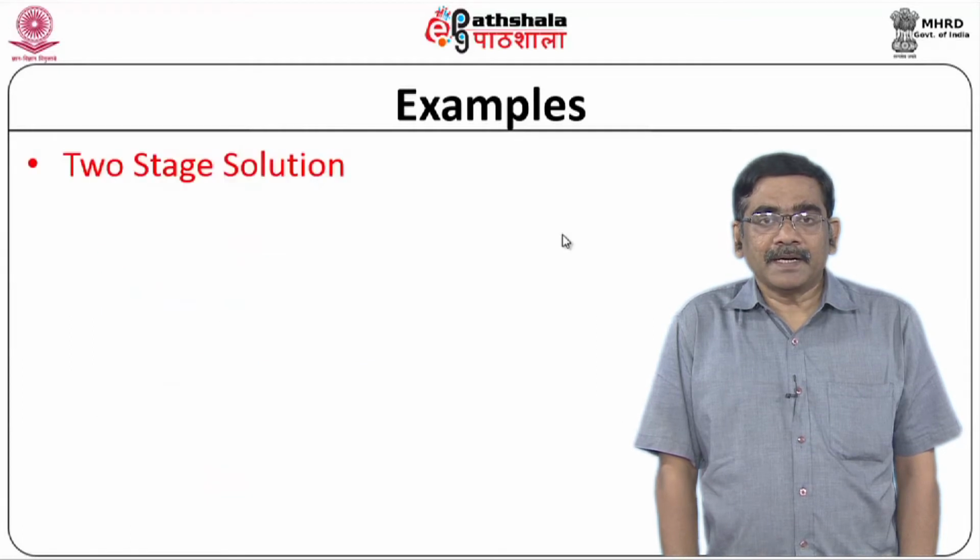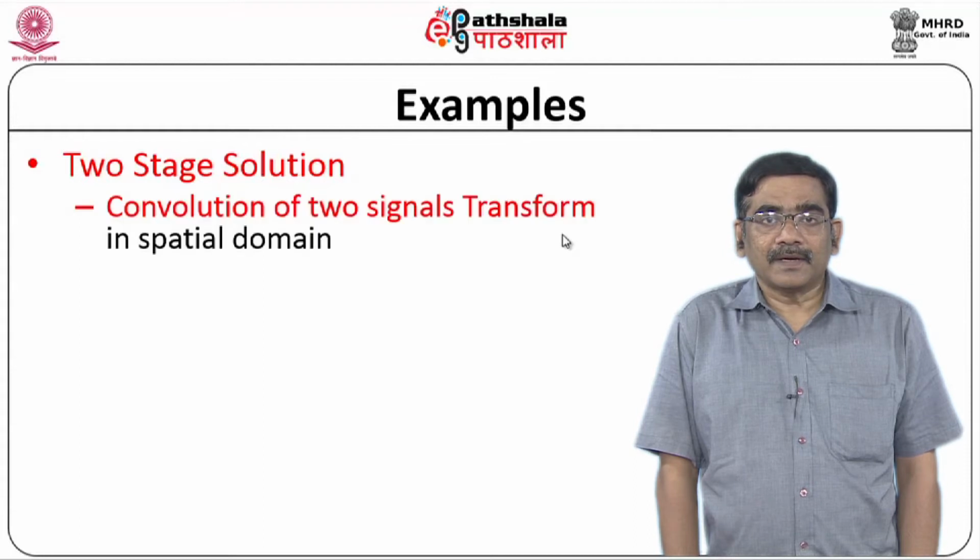Sometimes this paradigm can yield very sophisticated algorithms. Let us take one example of convolution of two signals in the spatial domain. Convolution, as we discussed in one of the earlier module, involves shift and addition operations.